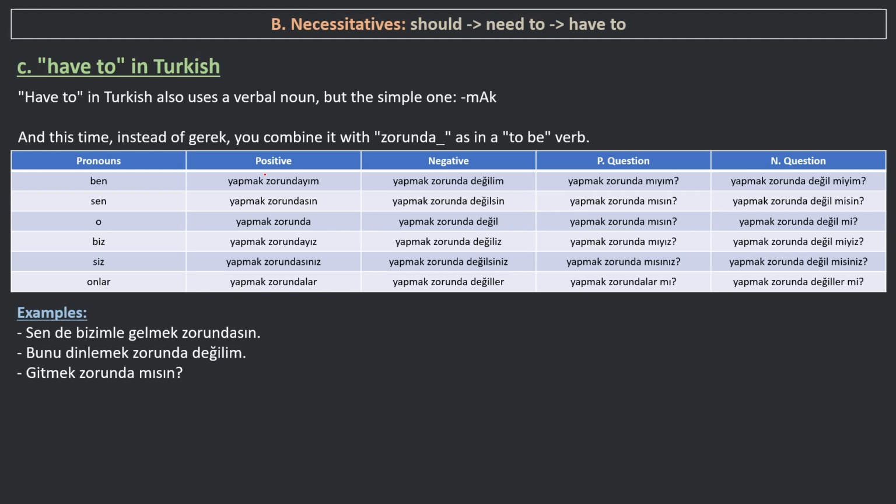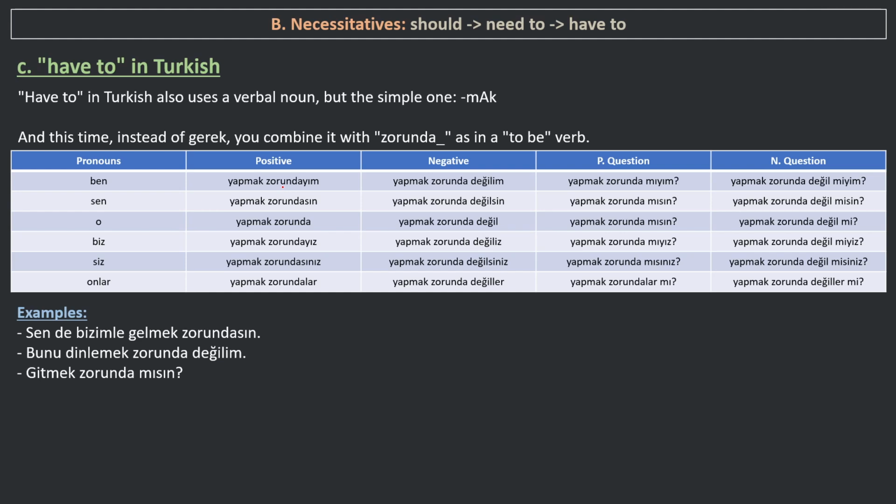I don't know, at least. But you don't need to worry about these. You need to remember this as a complete phrase, as a whole unit. So zorundayım. Ben yapmak zorundayım.